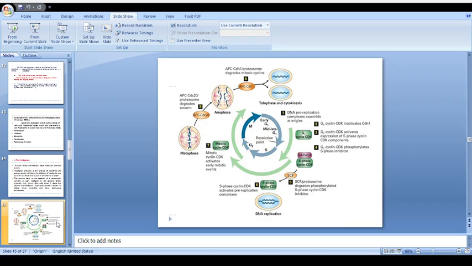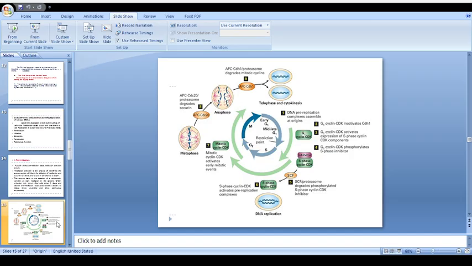Once it is over, the mitotic cyclin CDK activates the early mitotic events, and further it promotes the movement of the cell cycle, or cell division, from S phase to metaphase, followed by anaphase, and finally telophase and cytokinesis happen in the cell.